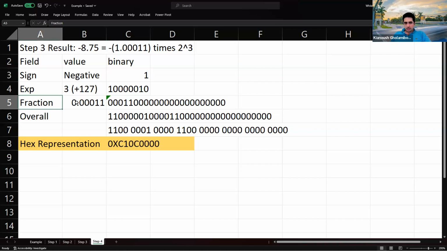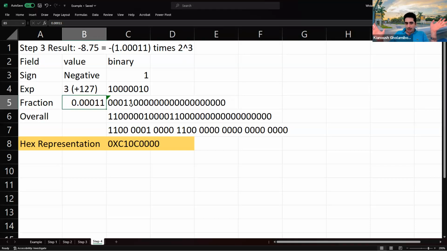So the fraction is basically this, right? If you ignore the 1, you get 0.00011. We don't care about the items before the dot, before the binary point. Everything after that matters. So we have basically 3 zeros and 2 ones, and that's it. But because it's too short for a 23-bit field, I have to add a bunch of trailing zeros.